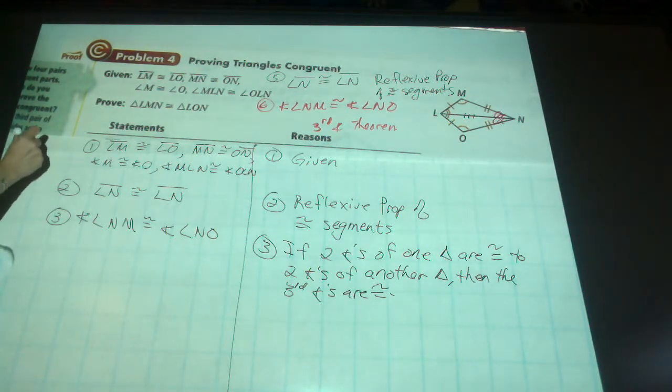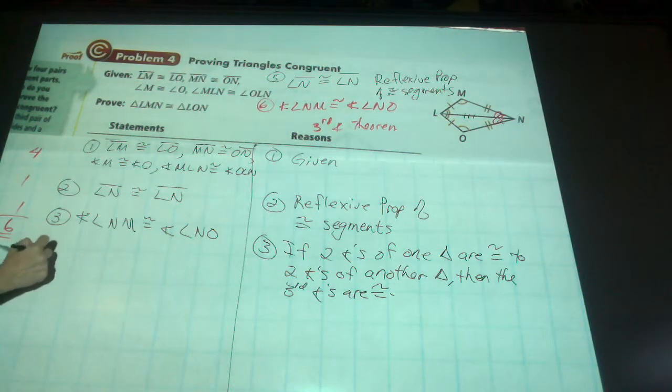So off here to the side I have 4 pairs, one pair for a total of 6. The minute I hit that 6th congruent pair, immediately my next statement is the triangle congruent statement. And because that's what I'm trying to prove, we're done.